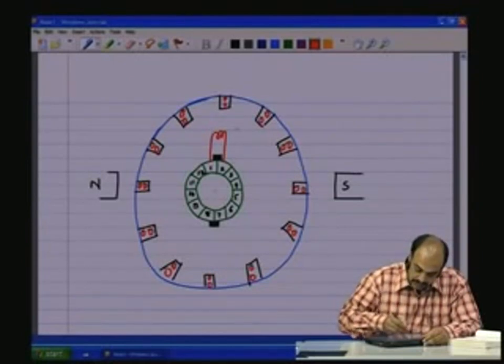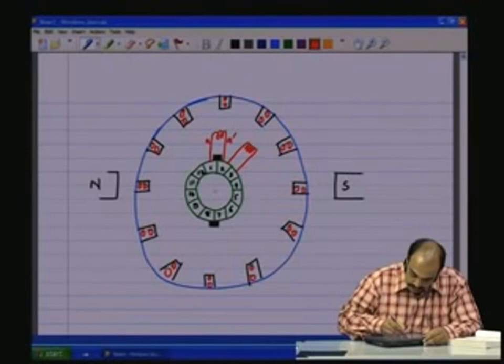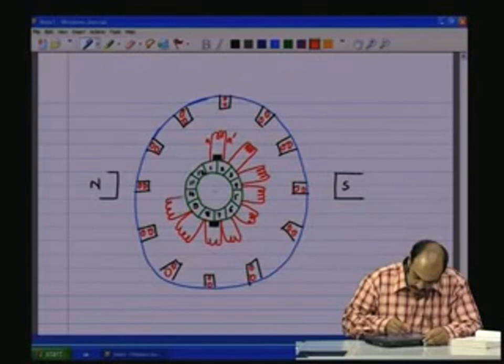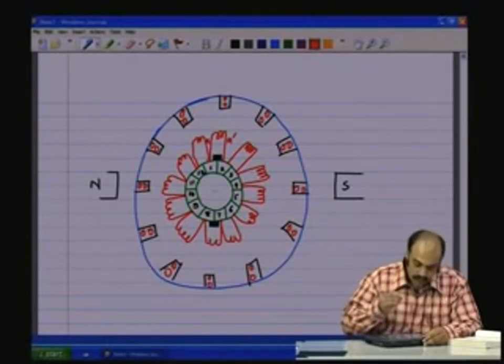So let us say this is coil 1, then A dash, and then another coil is connected in this fashion. Like that you have 12 coils which are connected.